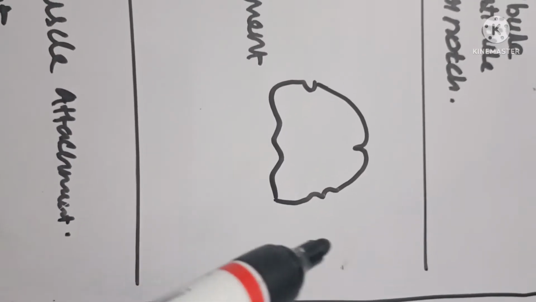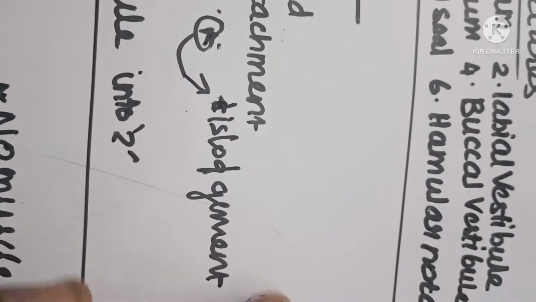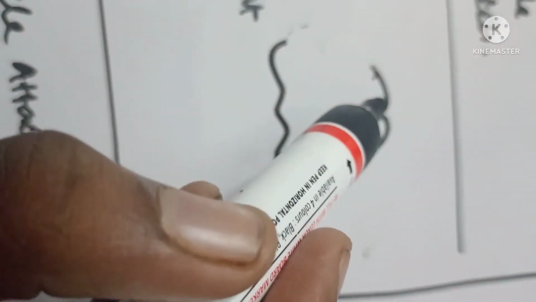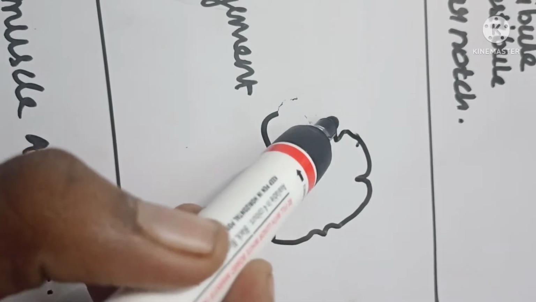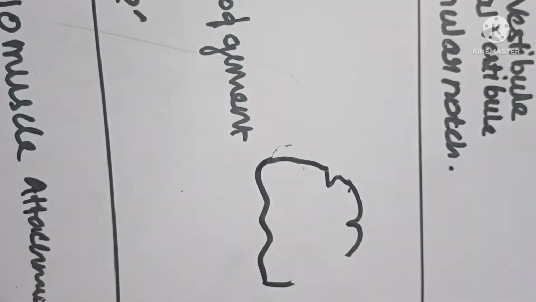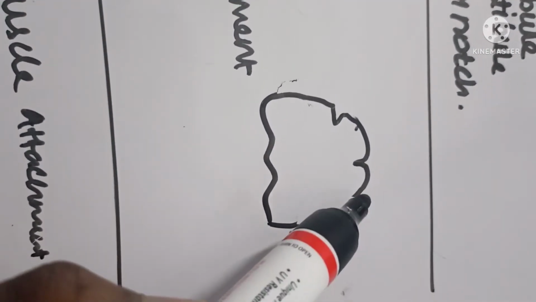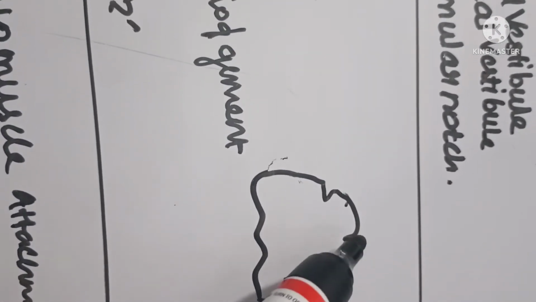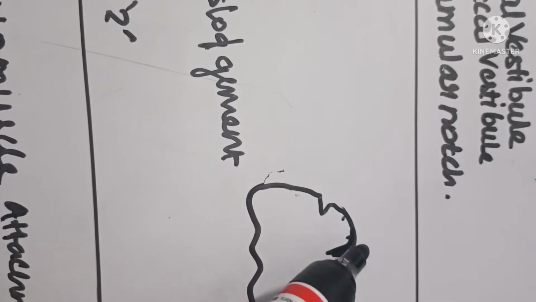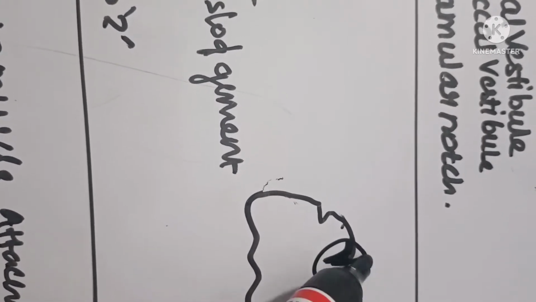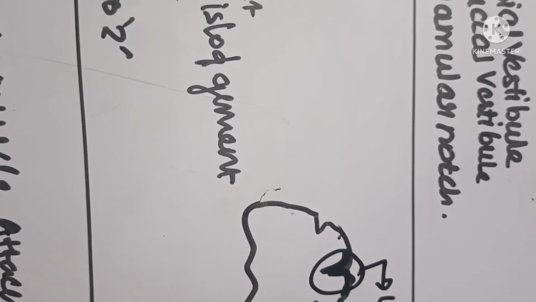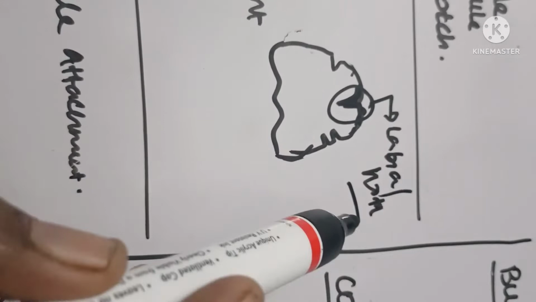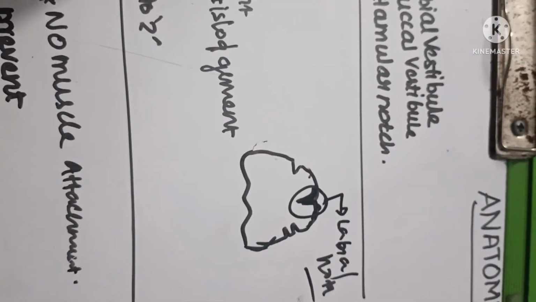This is a basic structure of a denture, and please bear with me, I am bad at drawing. This part is the relief that you are giving for the labial frenum, and this part is called the labial notch. That's what I've given here.